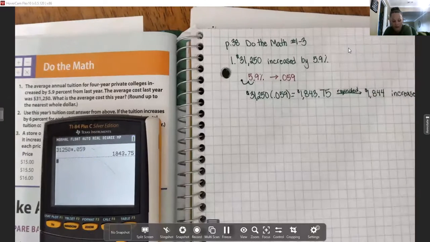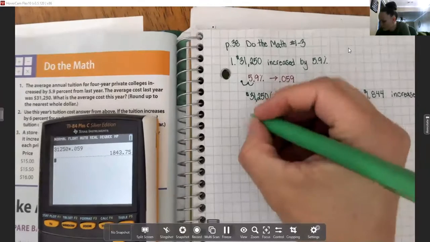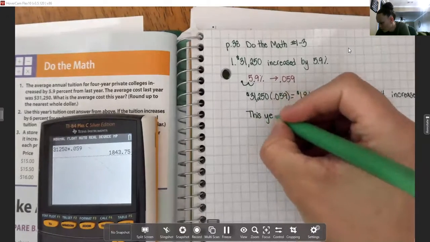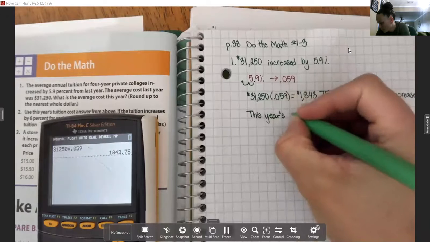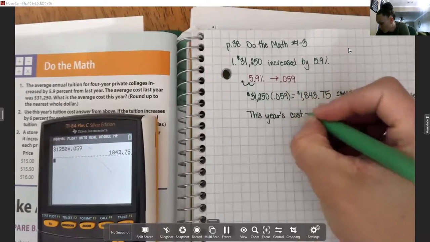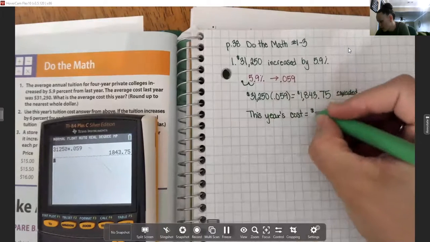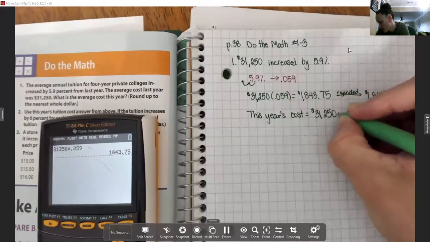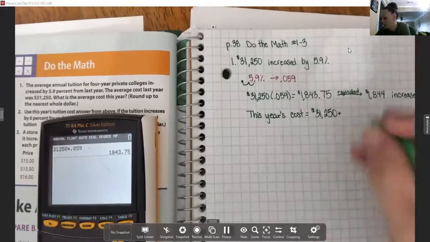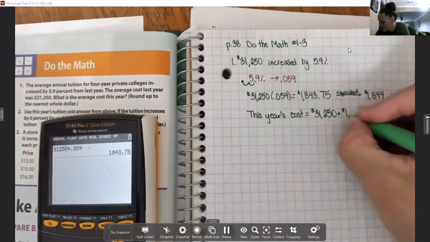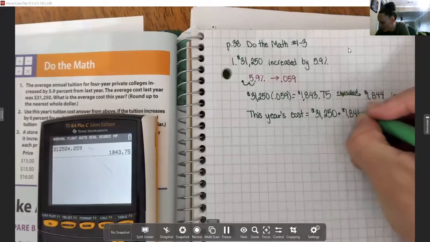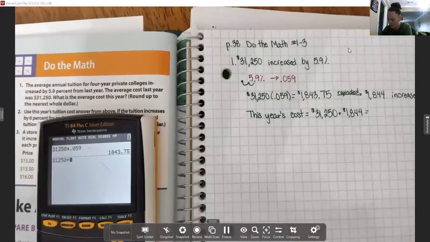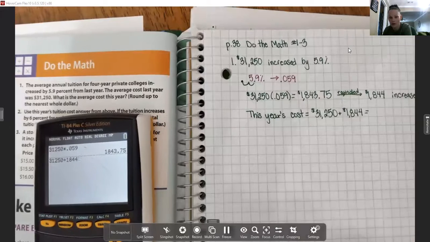So if we want to find the price this year, we take last year's cost, the $31,250, and we add how much it increased, 1,844. So 31,250 plus 1,844.